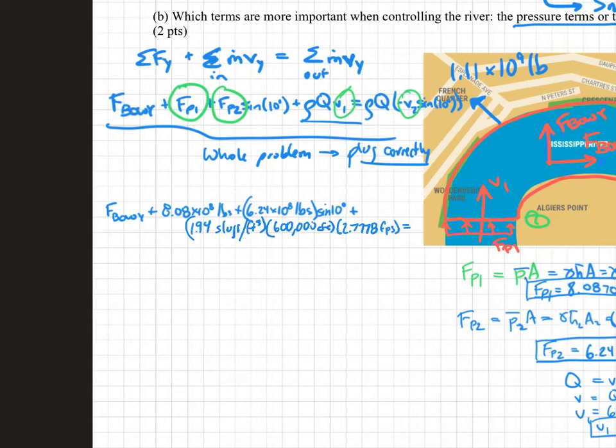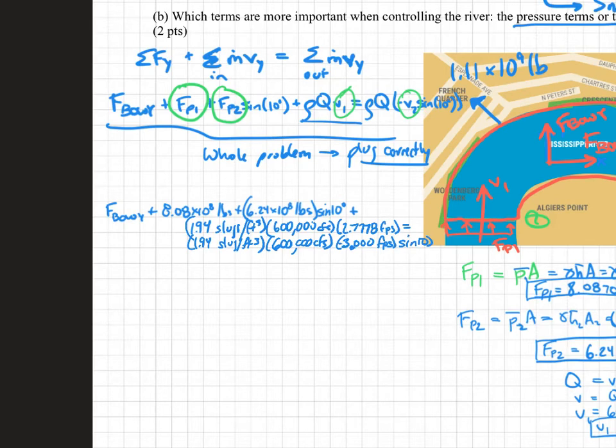I like having my momentum terms underneath each other because they look so similar. Times 600,000, times 3, that's a dot, feet per second, times the sine of 10 degrees, noting that this has a negative sign right there.